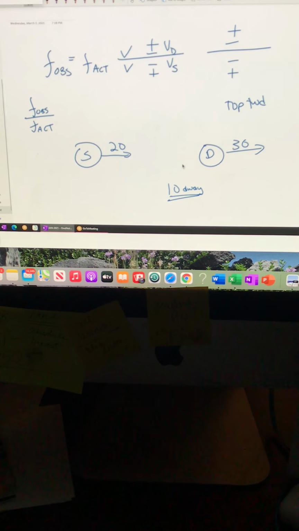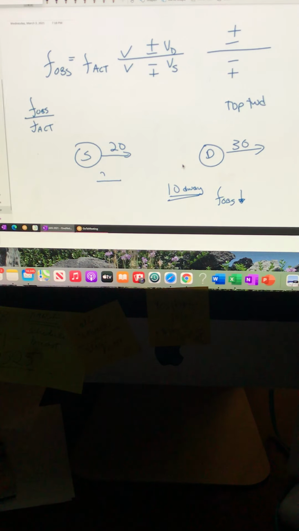If your relative velocity is 10 away, then the frequency the detector detects should be more or less than the actual frequency? Less, because it's going away. How is it 10 away?